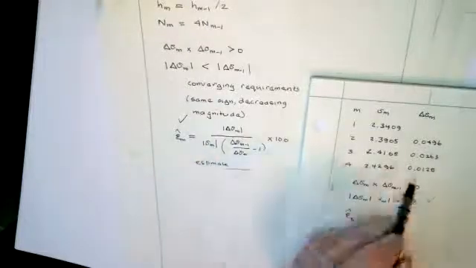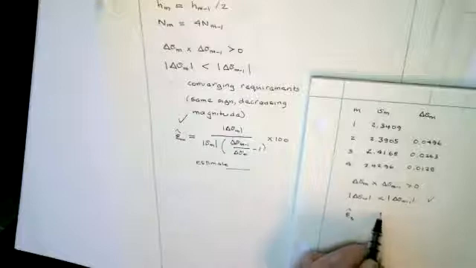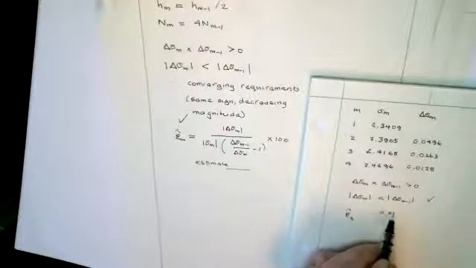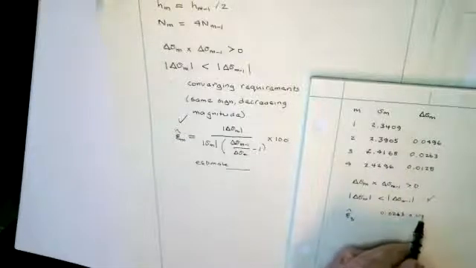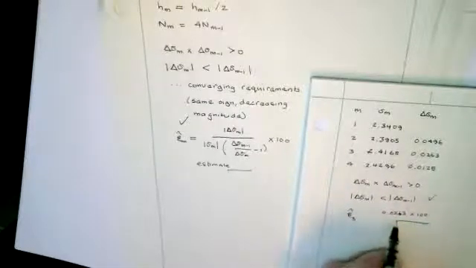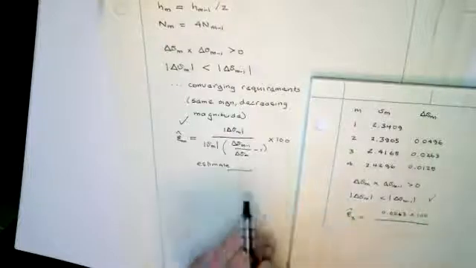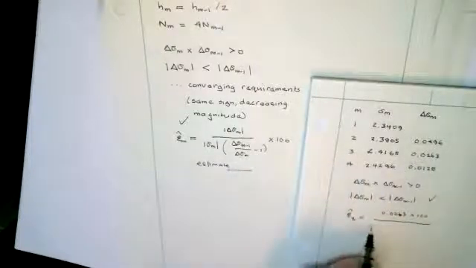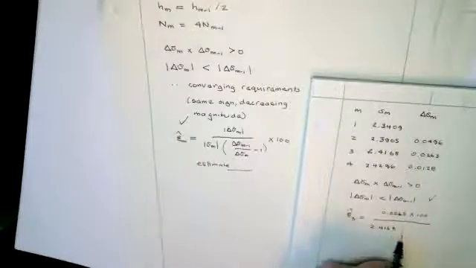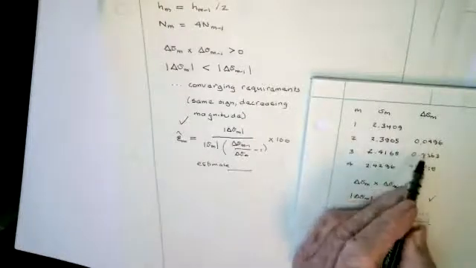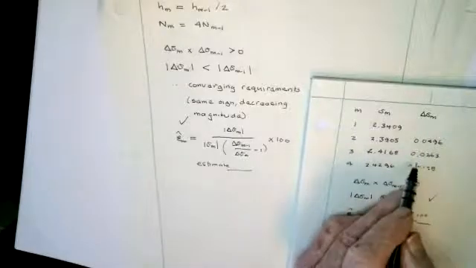Then it would be delta sigma 3, the absolute value, which is the same as the value because it's positive, times 100 over the current value, times the ratio of these two. This is delta sigma m minus 1 over delta sigma m.